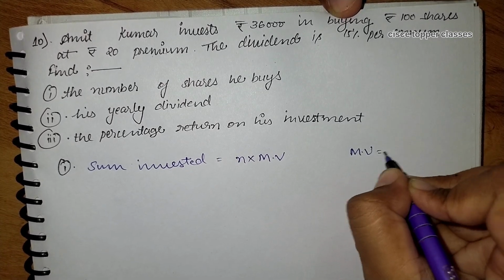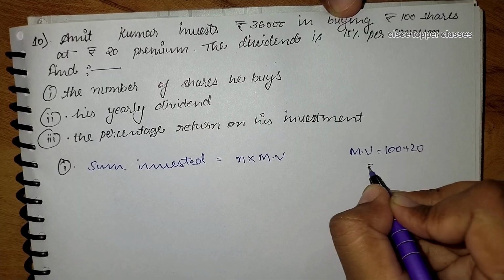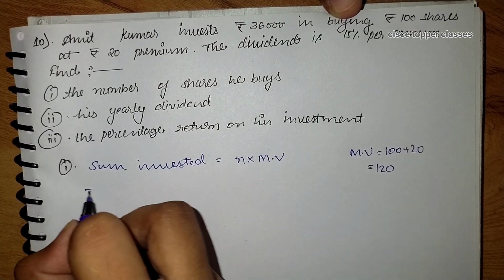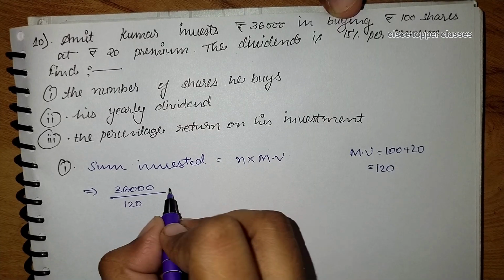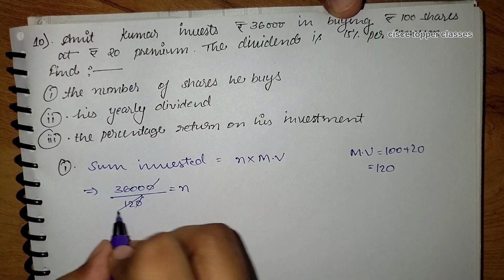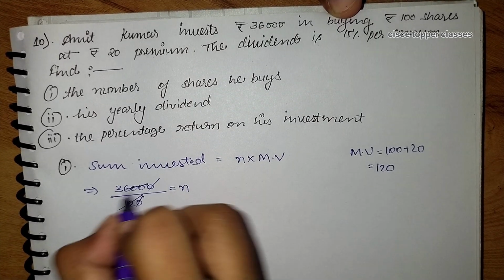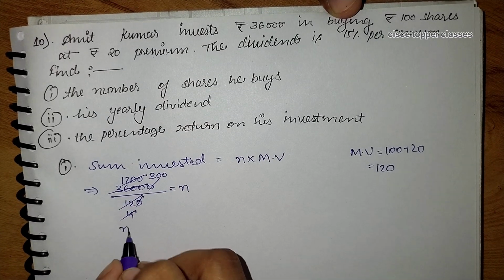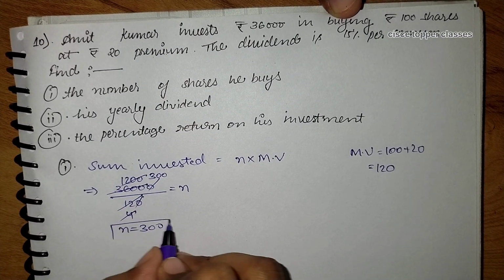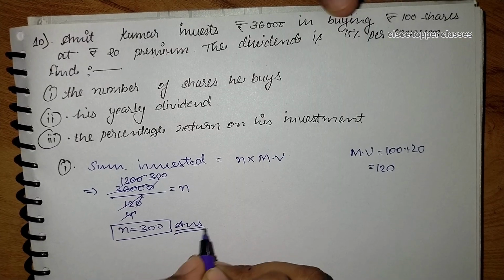Market value is 100 plus 20, so this will be 120. Sum invested is 36,000 divided by 120 as the market value is equal to number of shares. This will be cancelled out by 4, 1200, then 300 is equal to the number of shares in the first part. So this is the answer of the first part of question number 10.